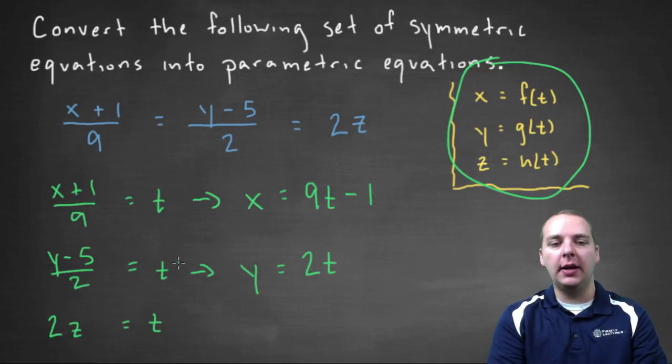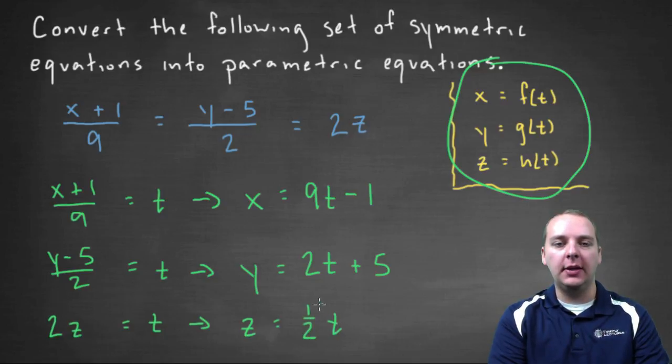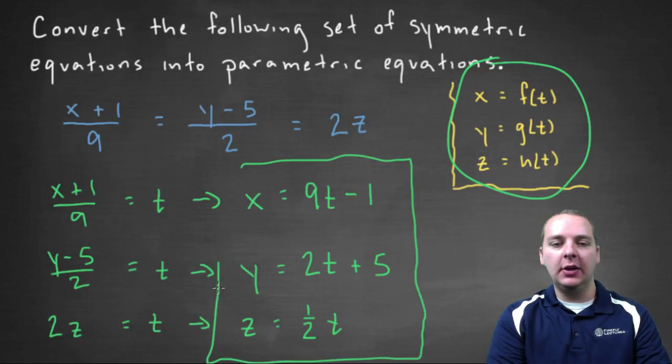Multiply 2 to the right hand side, plus 5. And lastly, the z would simply be 1/2 t. So we're done. This is again the equation of that line in parametric form as opposed to being written using symmetric equations.